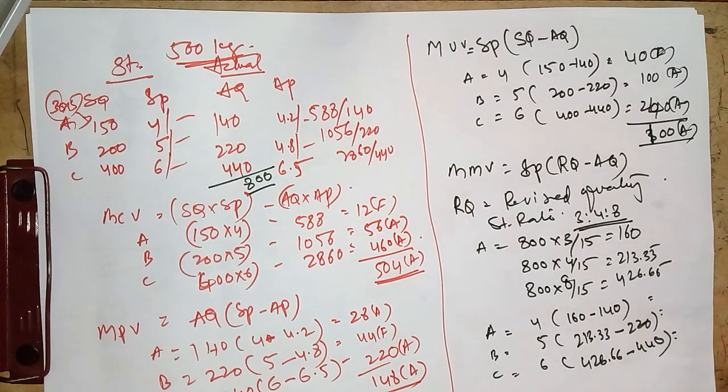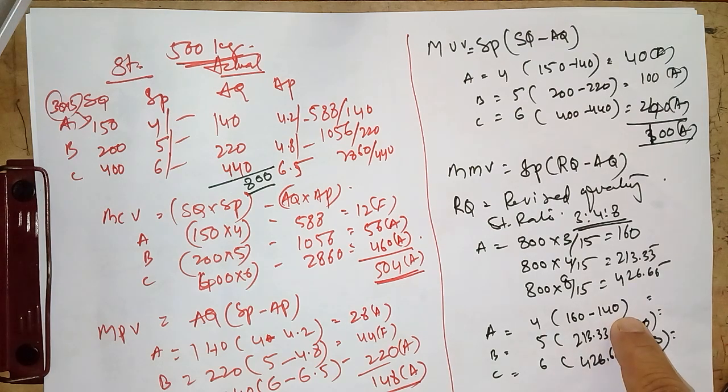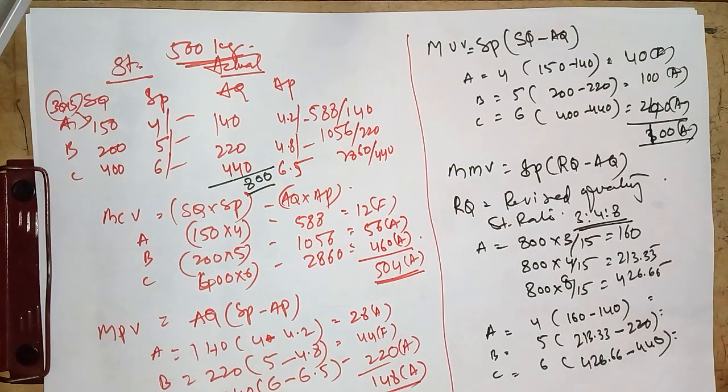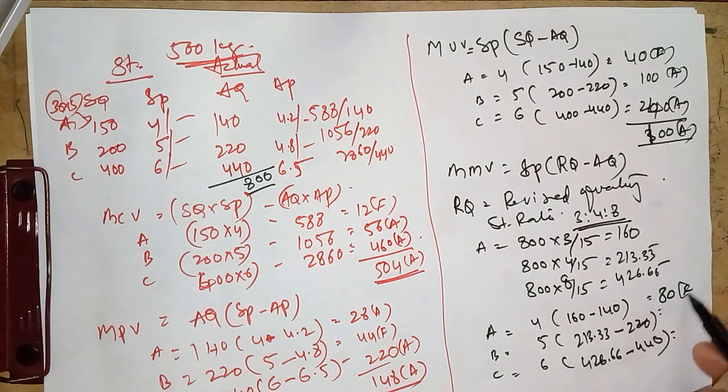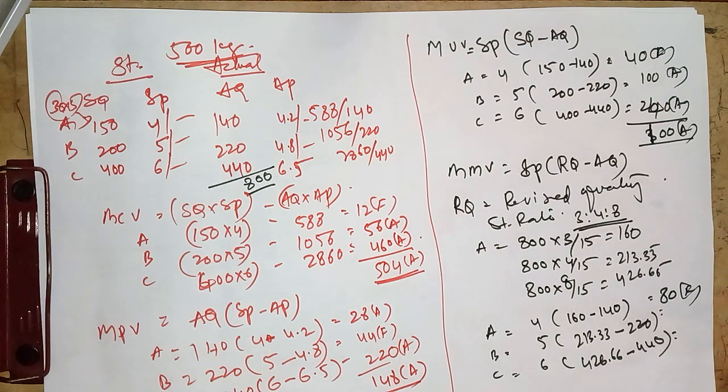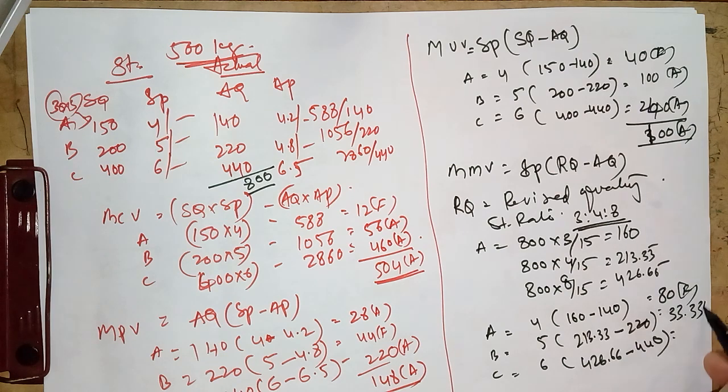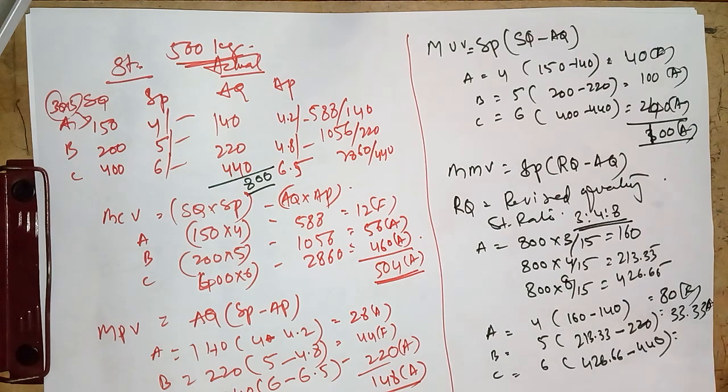So directly we'll get 160 minus 140, that is 20, into 4, so it is a positive value, ATF. So 213.33 minus 220 into 5 is equal to 33.33, that is A we are getting, adverse, right?